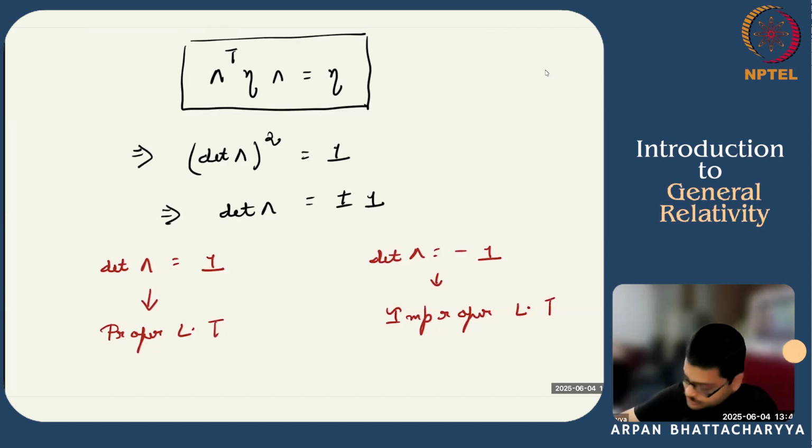In the next lecture, we will take examples of these two sets of Lorentz transformations. We will also discuss another way of classifying the Lorentz transformations, and then we will combine all of them. So we'll end here, and thank you for listening.